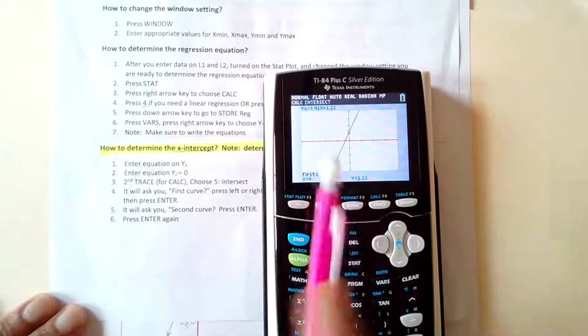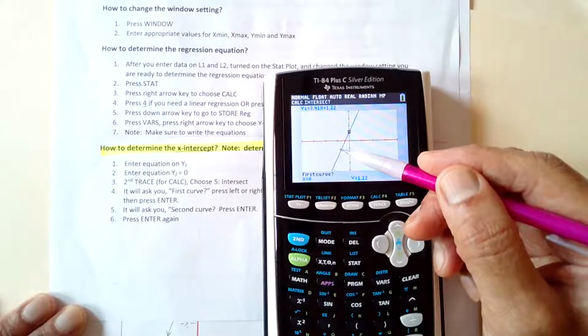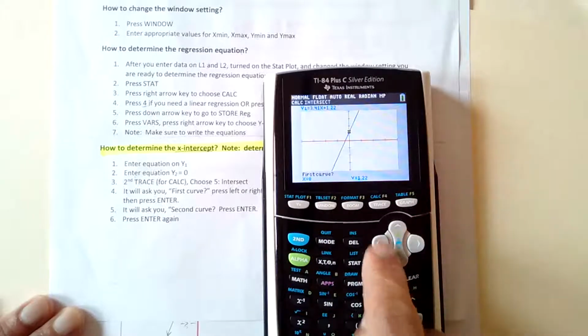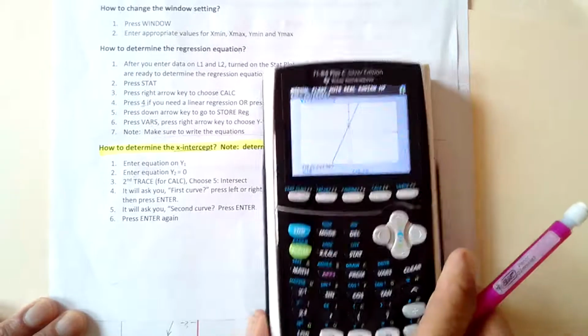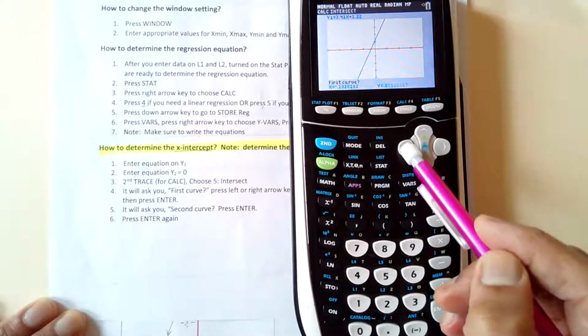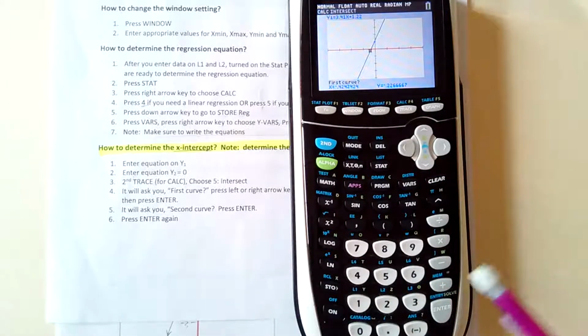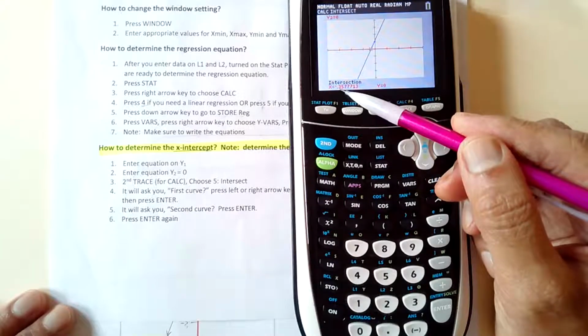Now, when it says, press the left arrow key and go down to below here, the x-axis. So this is the left arrow key in the top here. So press this down, go down, and then you press enter, enter again, and enter one more time. And that will give you the x-intercept.